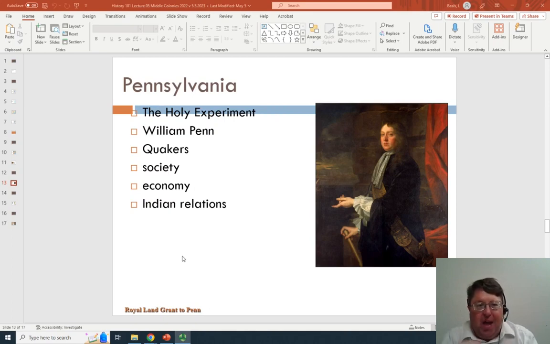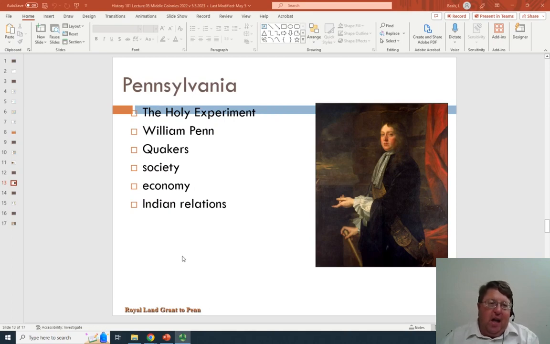Historians have crowned Quakers with the credit of being kind of the first, and I don't know if I've told you guys why I hate "first," but kind of the first anti-slavery group in America. So Quakers tended to preach against slavery back in the 1600s and 1700s.